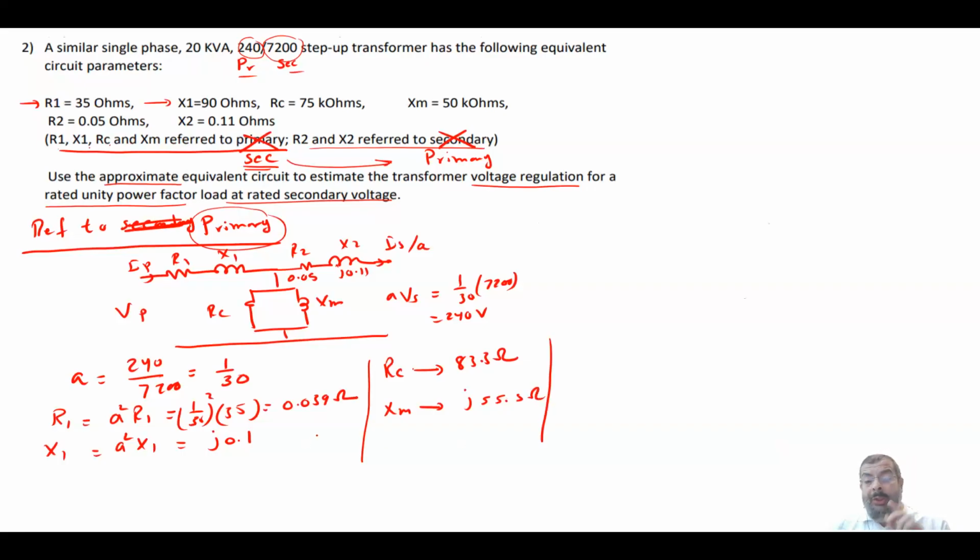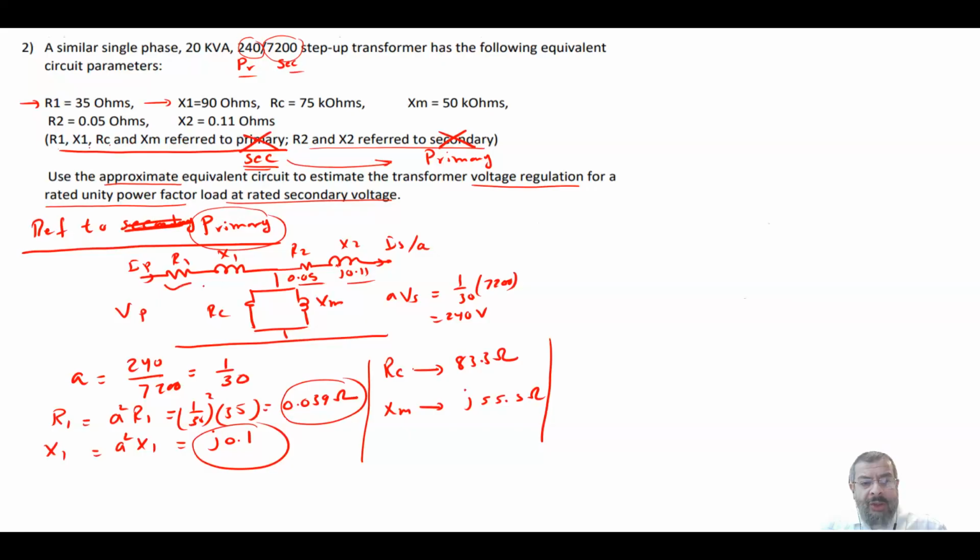So that is your model. When you do this, you will find that R1 and X1 are the same order of magnitude as R2 and X2. This gives you assurance that your process is correct. When you refer both values to one side, they should be of the same order of magnitude.